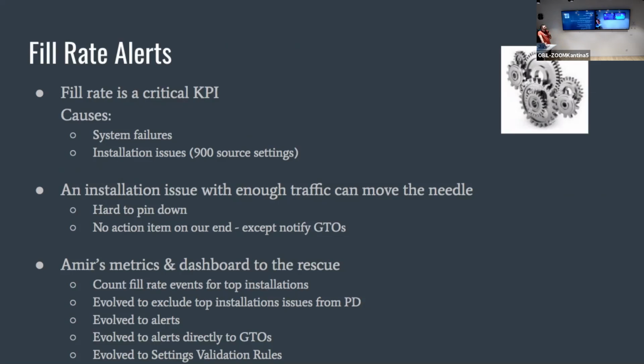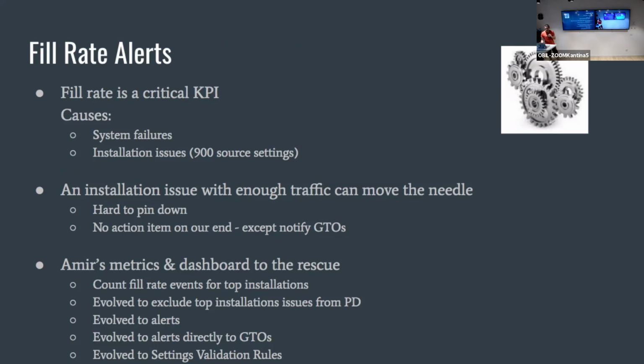So for a fill rate issue, by the way, we get a pager duty on fill rate issues, of course. The root cause can be one of two things: some critical system failure on our end, or an installation issue, which means that we're not serving recommendations on that installation, and it can be a real issue or maybe a false alert.